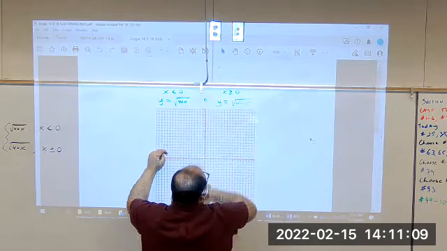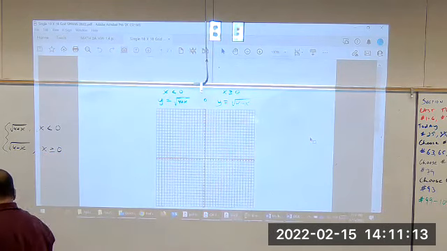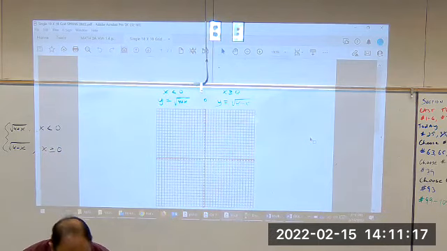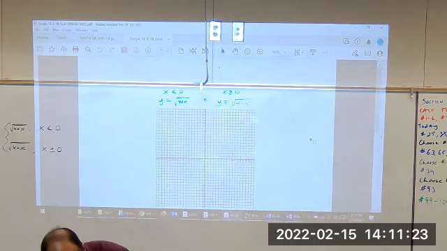You gotta think, especially when you're dealing with square roots. When you're graphing, we like to graph nice numbers.